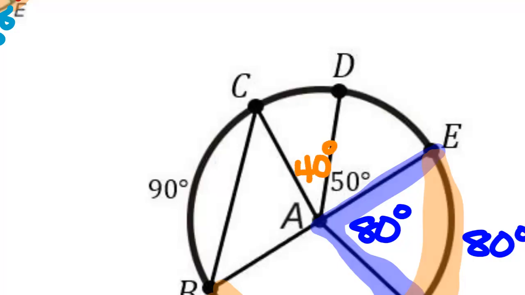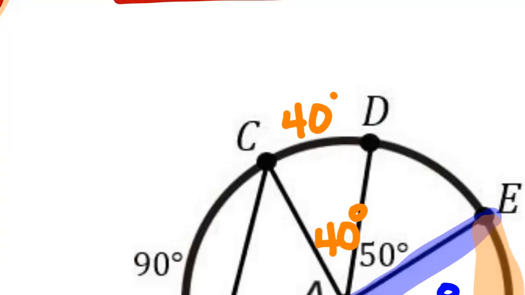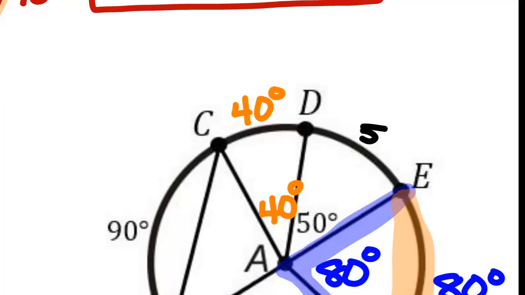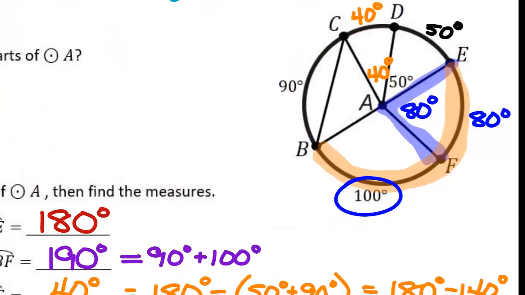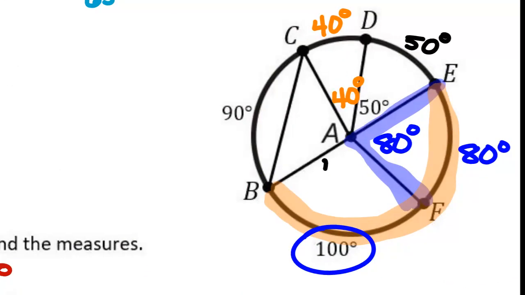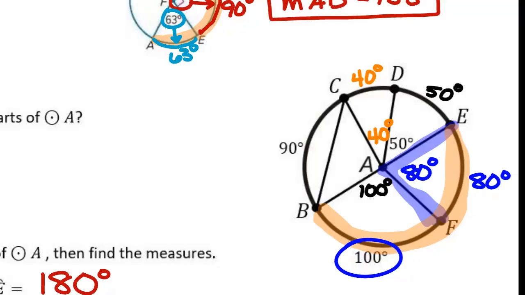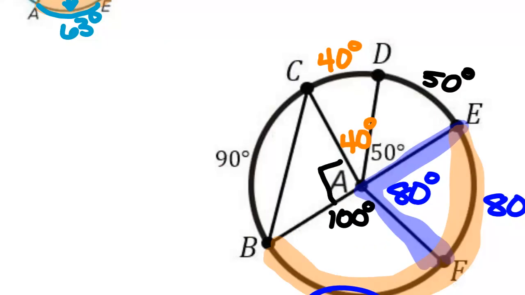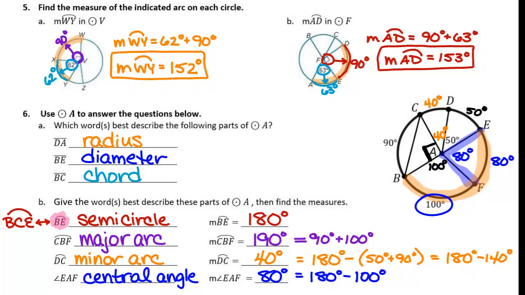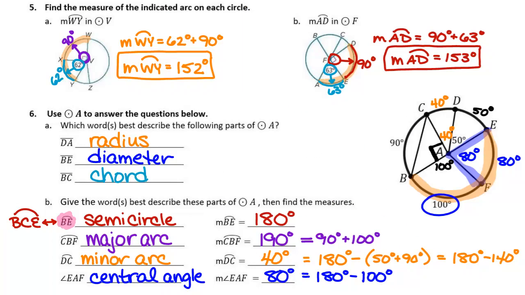This is 40. This is 40. This arc is 50. And we have this angle is 100 here. And then we have our other 90-degree angle right here. All right.